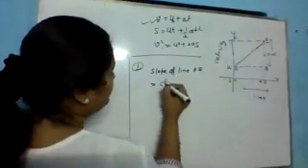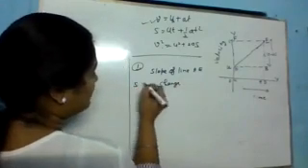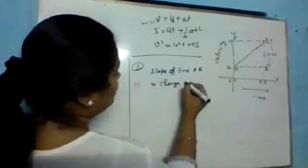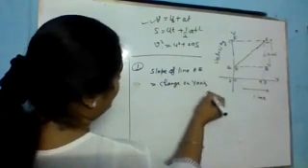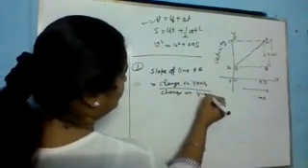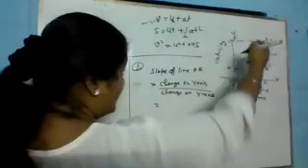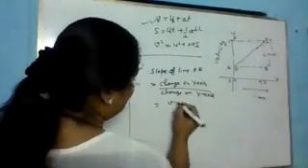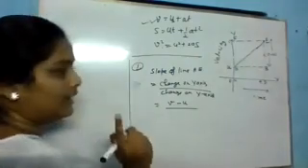So change on y-axis upon change on x-axis. Okay. Now see the change. The final velocity is v and the initial velocity is u on the y-axis.